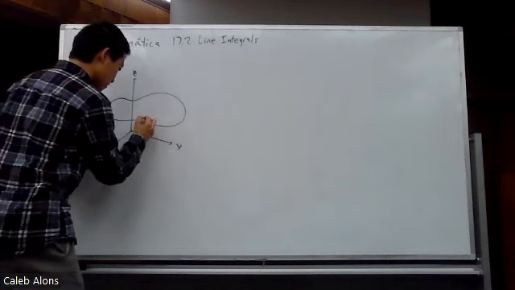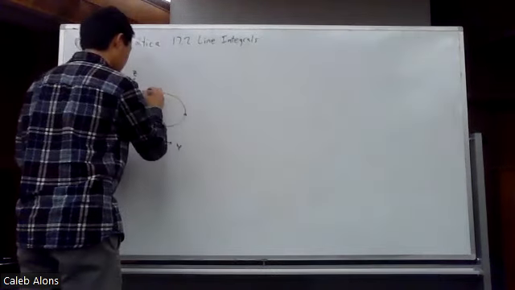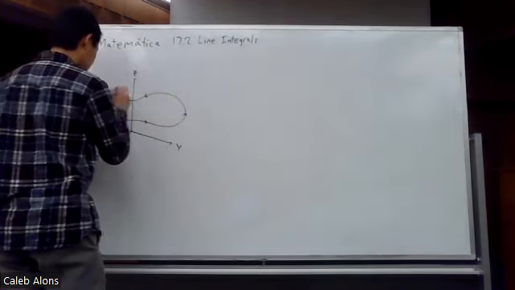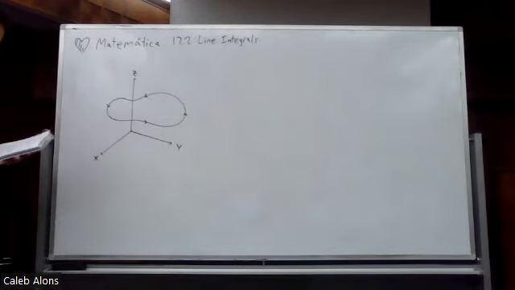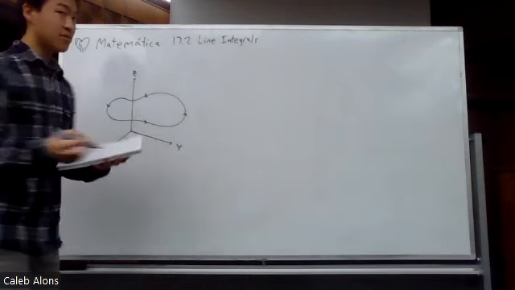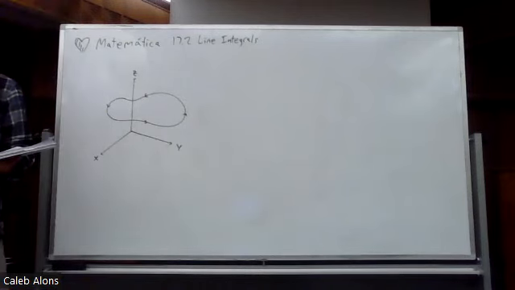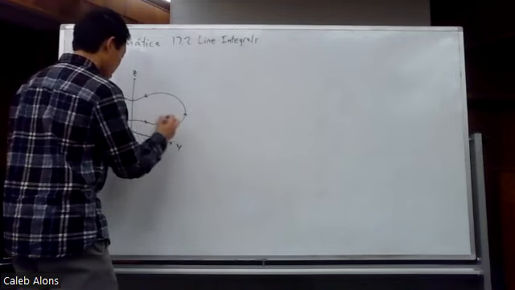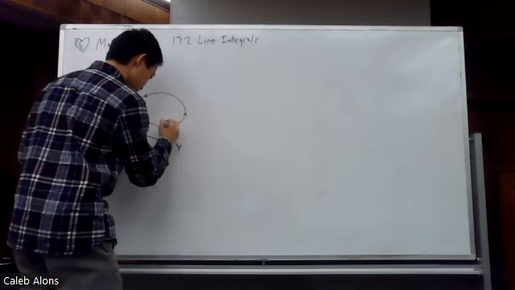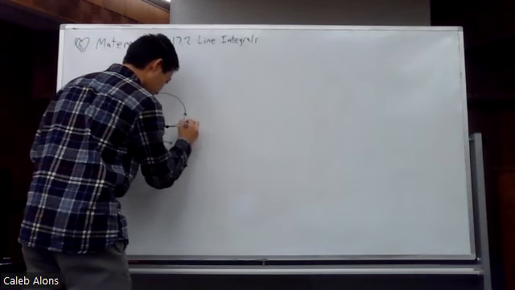And parameterized curves have orientation, right? Because as you trace them out, they're going to go in a specific direction. So I'll give this an orientation. So we trace it out specifically like that. And you guys still remember what a unit tangent vector is, right? It's a vector that's tangent to the curve, and it has a magnitude of one. So right here, the unit tangent vector is like that.